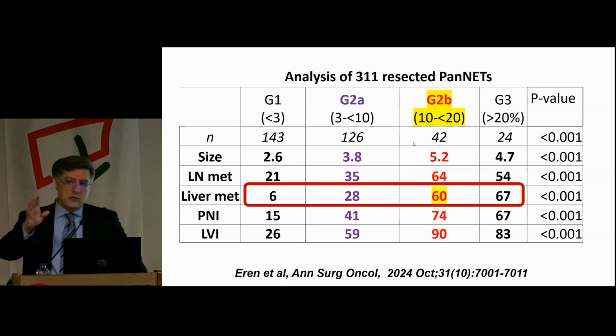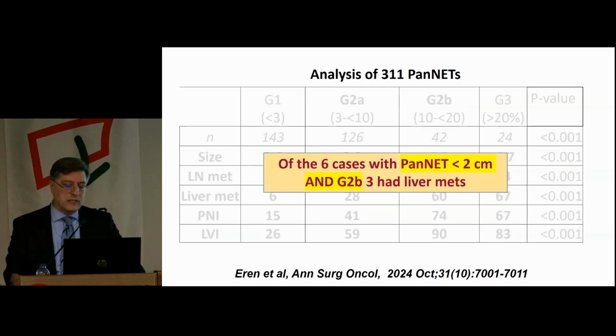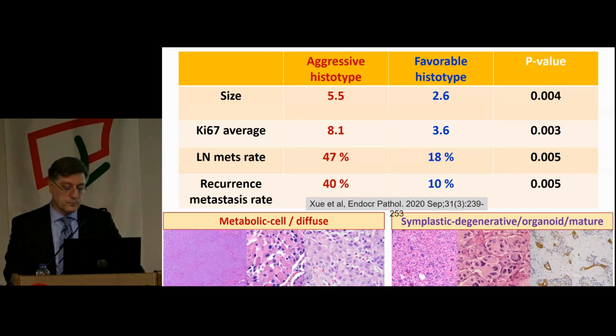When we start to use 10%, it sounds like Ki-67 is going to be a lot more predictive and useful in our daily life. When we looked at our PanNETs that are less than 2 centimeters, 3 of the 6 cases with G2B, meaning more than 10, less than 20 Ki-67, had liver metastasis.